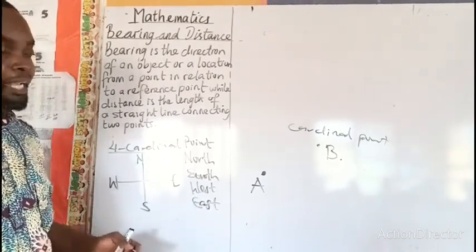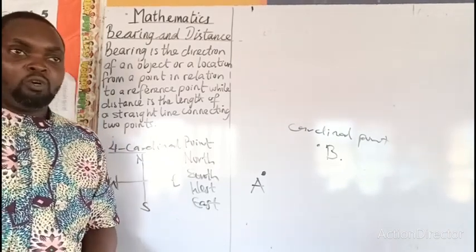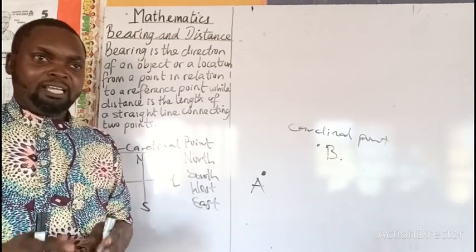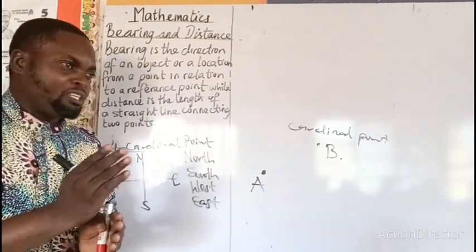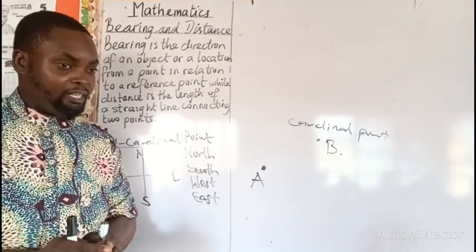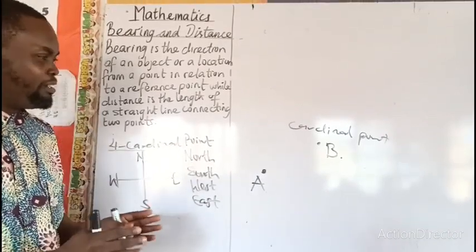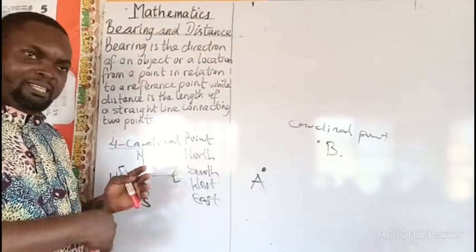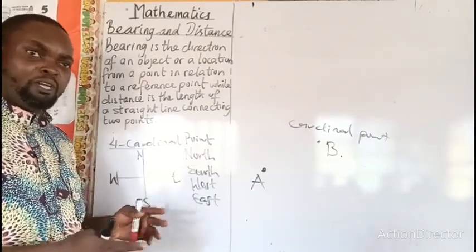For example, a plane wants to leave Lagos going to Abuja. How is he going to know where to pass? He has to know the accurate bearing of Abuja from Lagos. So those kinds make use of more cardinal points, like that 64 that I just said, or even more.